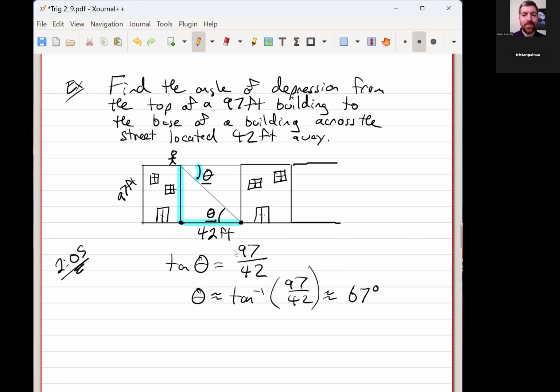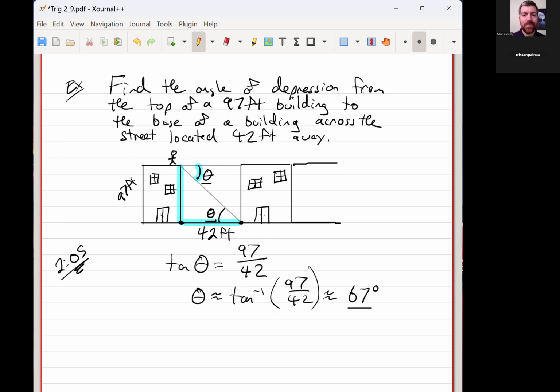So again, tangent, because we're given the sides. We've got the horizontal and the vertical here, the adjacent and the opposite. So we'll set up our tangent ratio 97 over 42, opposite being 97, adjacent 42. Again, we want an angle, so we need an inverse trig function, 97 over 42, and that ends up being 67. Note the 2 significant digits here on the number.